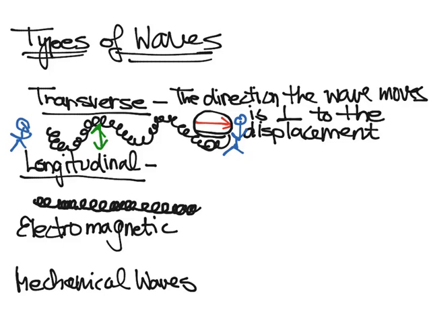The disturbance, the coils that are close together, are moving along the slinky in this direction. But if we look at this individual coil, it doesn't travel down to the end, but it moves back and forth along the slinky. You can remember longitudinal, it travels along in the same direction.